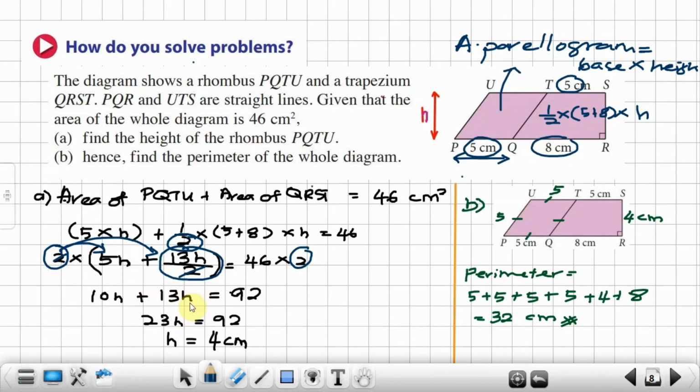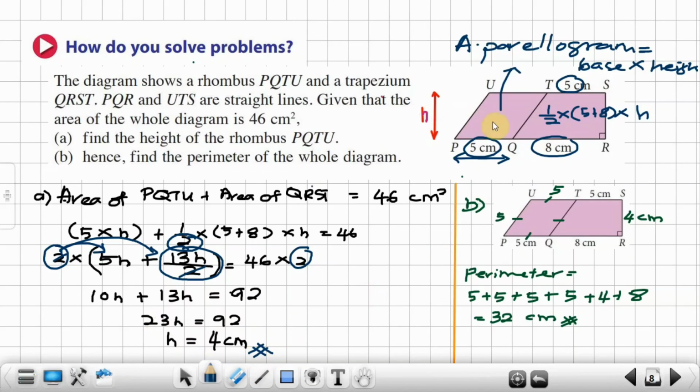So I am left with 13h, and 46 times 2 is 92. We have similar terms here, so we just add them up. 23h equals 92, and h is 4 centimeter.